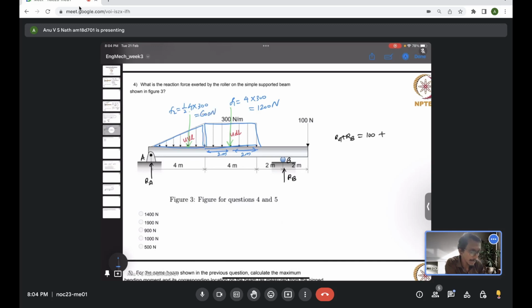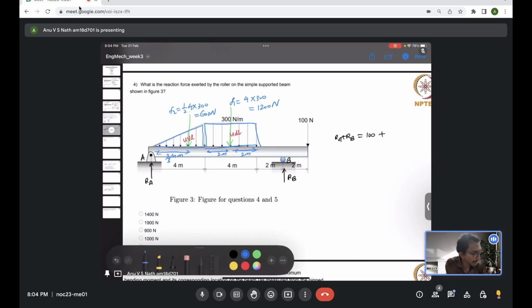It should pass through the centroid of the area, which in this diagram is 2/3 of 4 meters from the end A and 1/3 from the other end, but that doesn't matter because we are going to take measurements from either point A or point B. I will take it from the end A, so 2/3 of the 4 meters, which is 8/3 meters. We'll come to that when we take the moment equation.